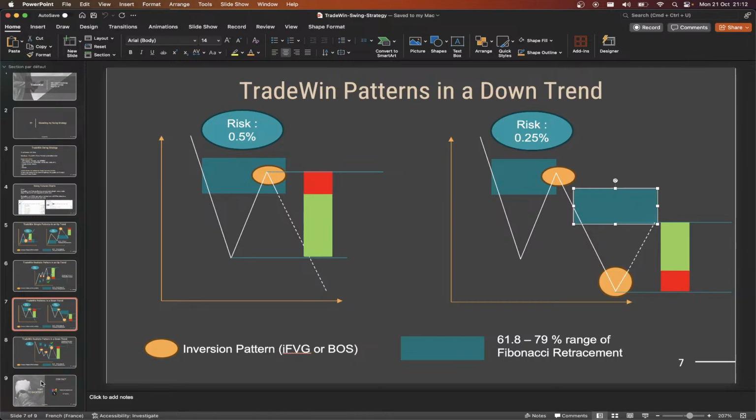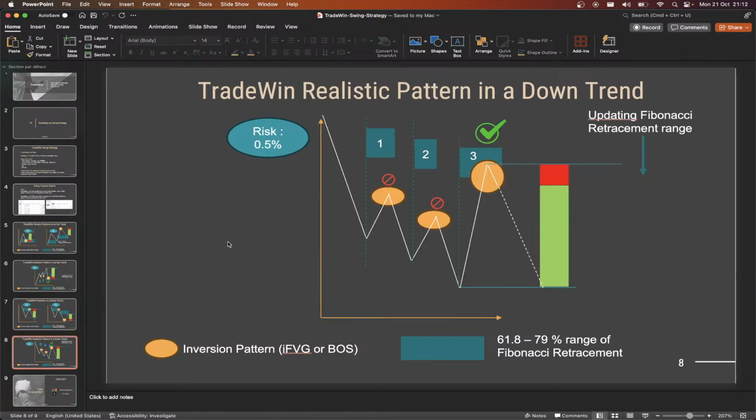Okay, that's the idea. And exactly as I said, if price retraces but doesn't retrace enough to get somewhere near this range, I don't consider it as a valid entry. So that's the main idea of my strategy.